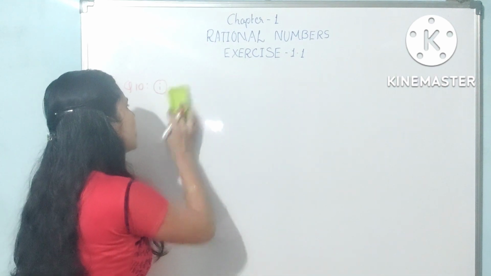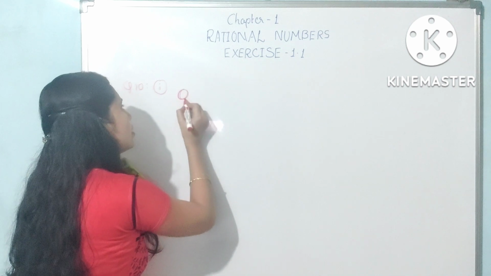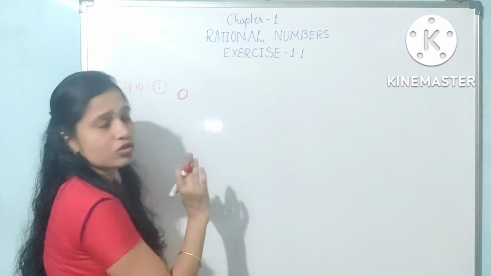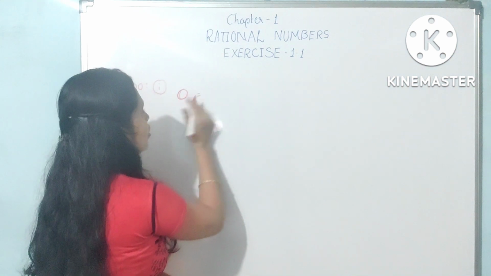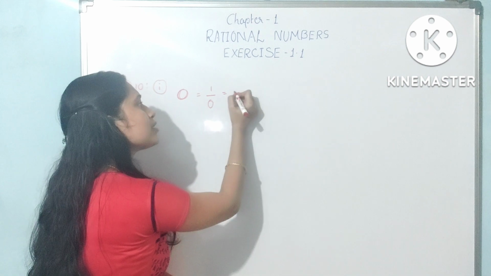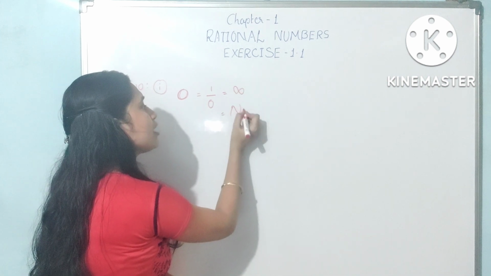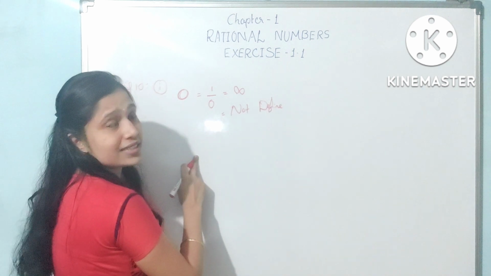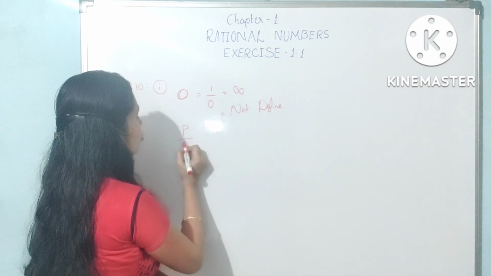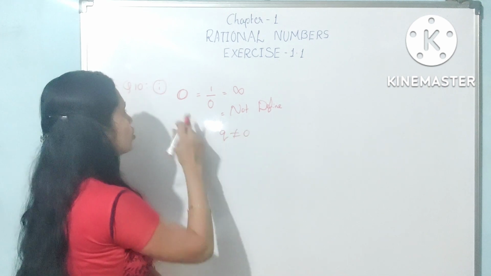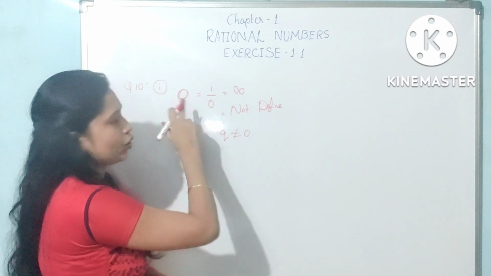So if you take the value 0, just think whether it has a reciprocal or not. Can we write 0 as 1 by 0? Yes. So what is the value of 1 by 0? It is infinite, meaning not defined, right? Not defined. So what is our rational number? It should be in p by q form, and q should not be equal to 0. So we can say the answer is 0.